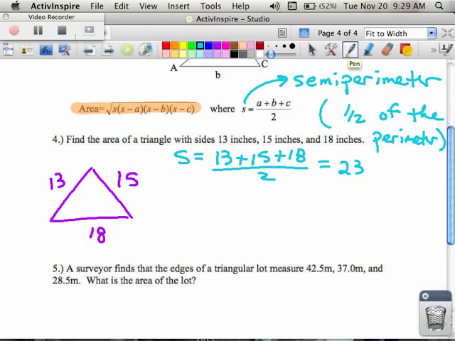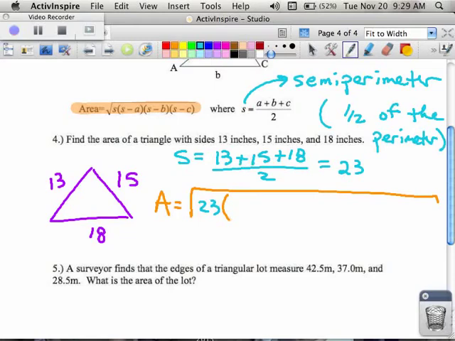So as I plug in my information, this is what happens. To find the area of the triangle that's in purple to the left, I will have the square root of the semi-perimeter, which was 23, times, and then in the formula it says the semi-perimeter minus the first side.